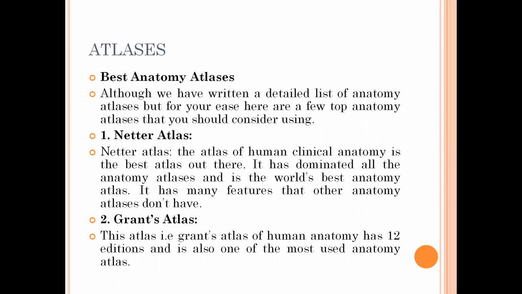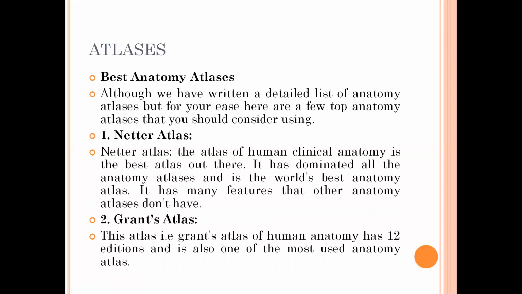Atlases. One of the important things that is very much needed in the anatomy field. Although we have written a detailed list of anatomy atlases, here are a few top anatomy atlases, and we are using Netter's Atlas. Netter's Atlas of Human Clinical Anatomy is the best atlas here.